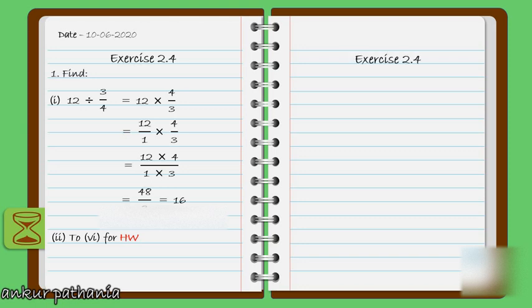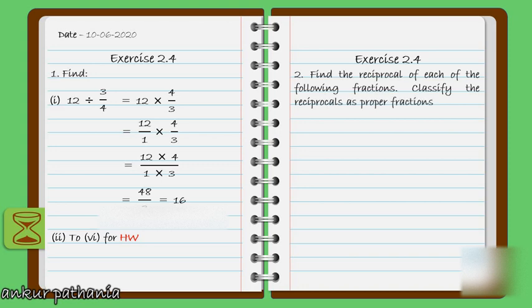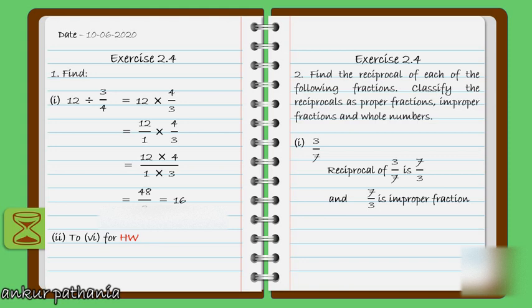Now moving to exercise 2.4, question number 2, where we have to find the reciprocal of each of the numbers, fractions, and classify them as proper fraction, improper fraction, and whole numbers. The first question is 3 by 7. The reciprocal of 3 by 7 is 7 by 3, and 7 by 3 is an improper fraction.